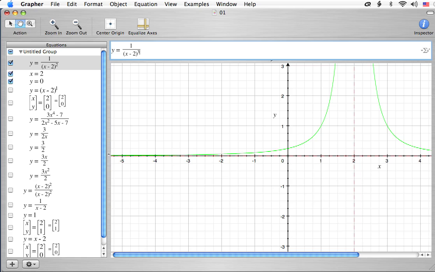When it was 3, opposite directions, and when it was 4, same direction. So basically, any even multiplicity, even exponent, made the graph go in the same direction as it approached the vertical asymptote, whereas an odd multiplicity made them go in opposite directions.